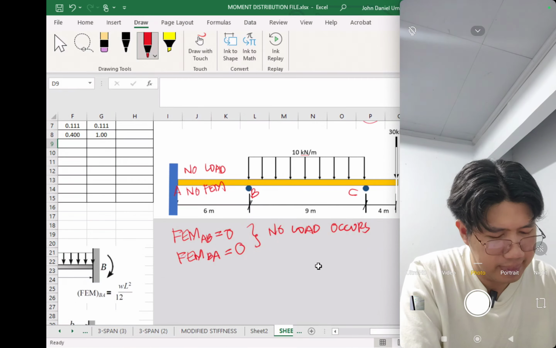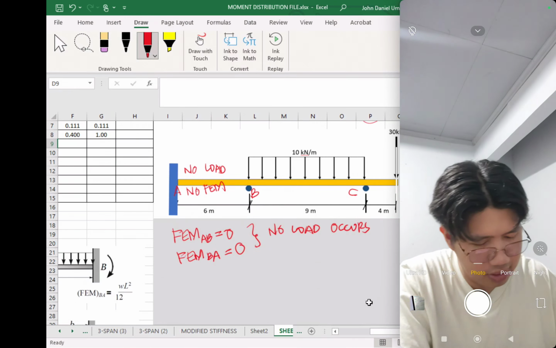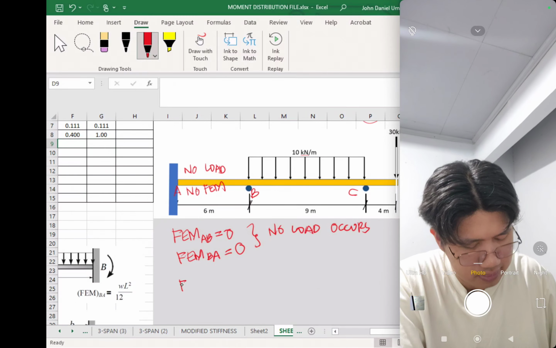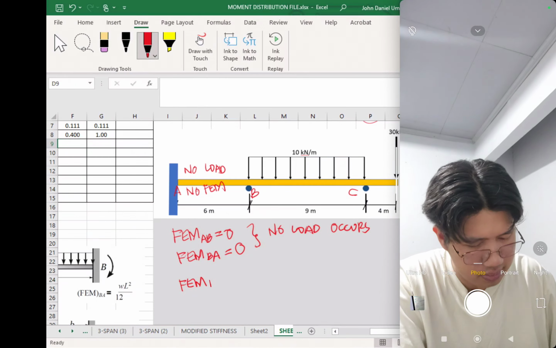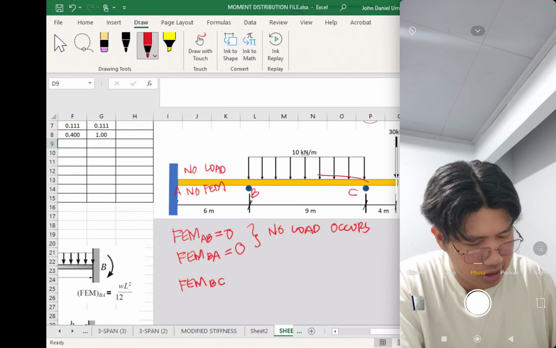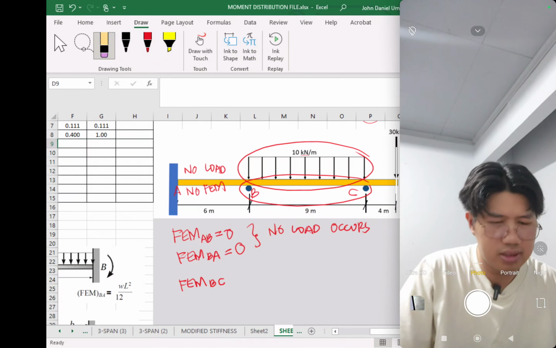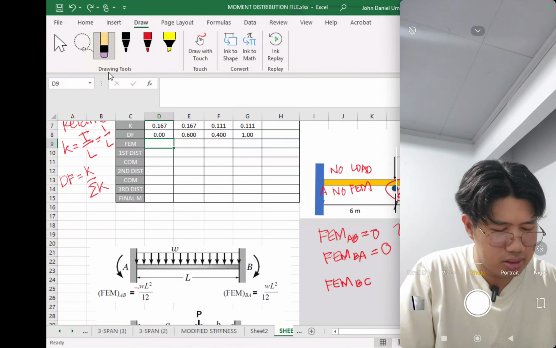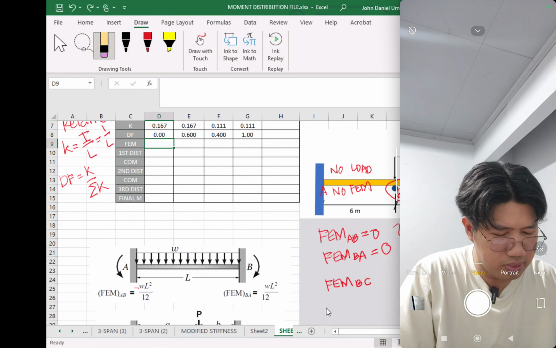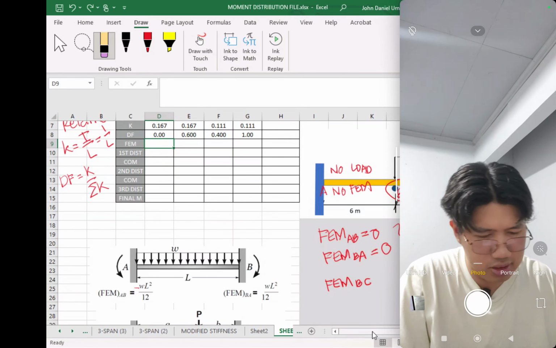Okay, and then in BC, only one type of load is acting. So we can compute using this formula.